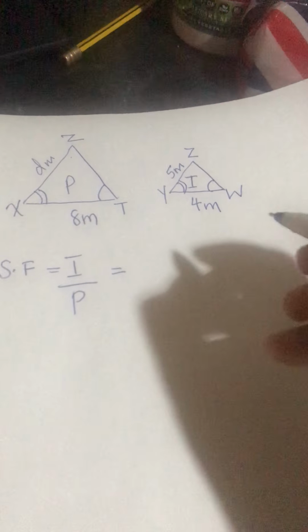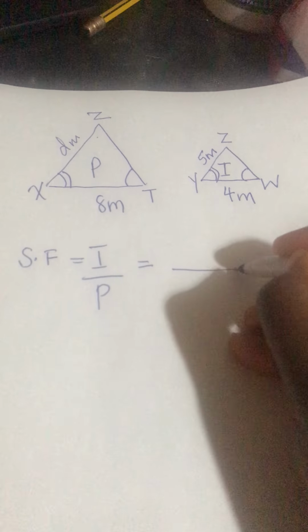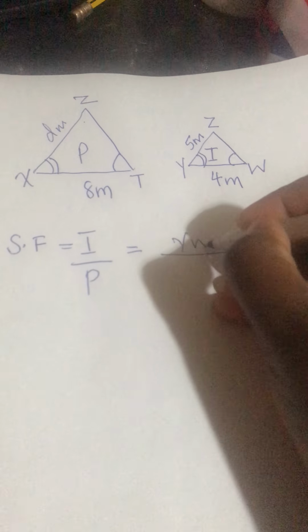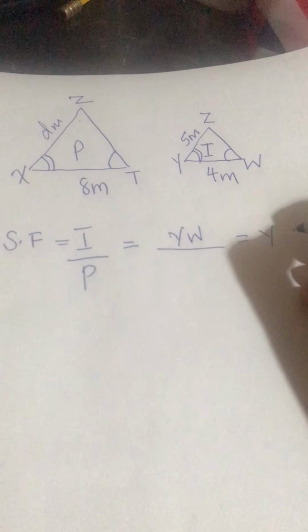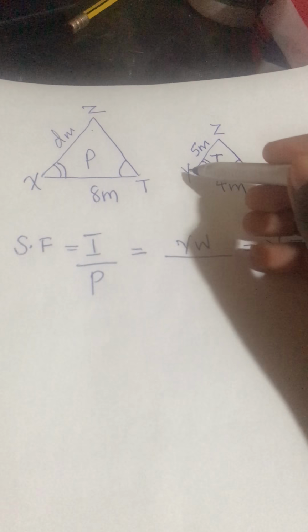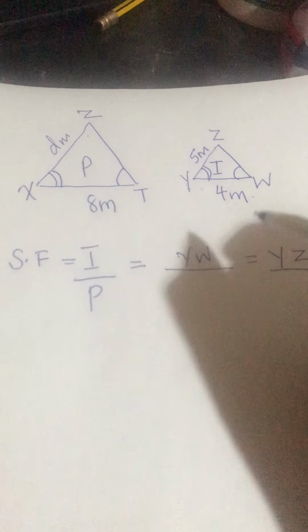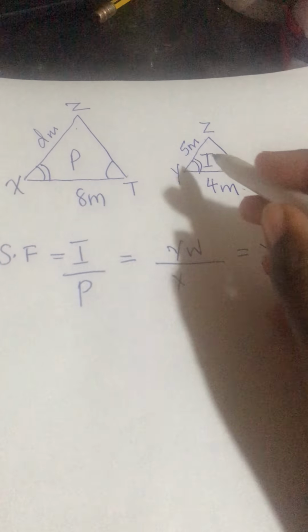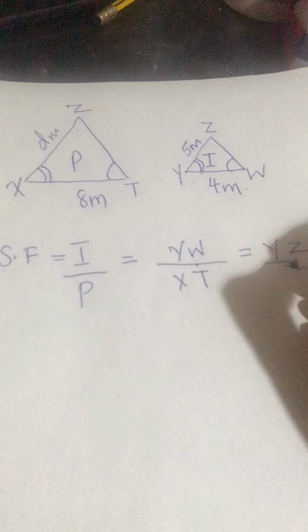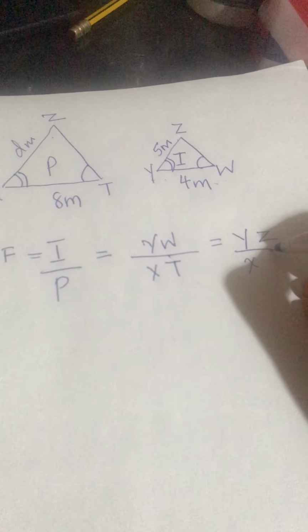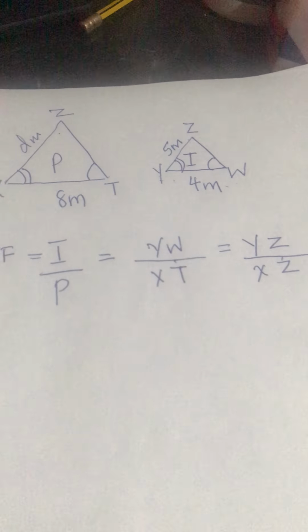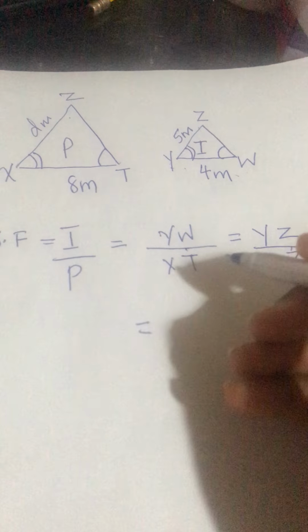Scale factor equals image divide pre-image, and then I write my proportion. YW over YZ, because that's the only one that has numbers. Okay, Y goes with X, W goes with T. Y goes with X, Z goes with Z. Okay?